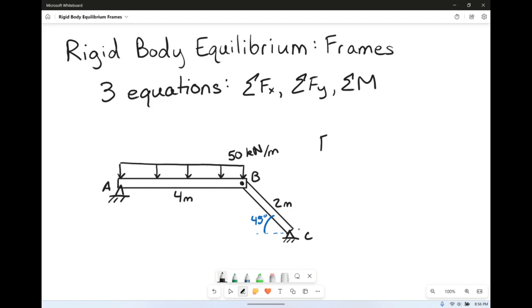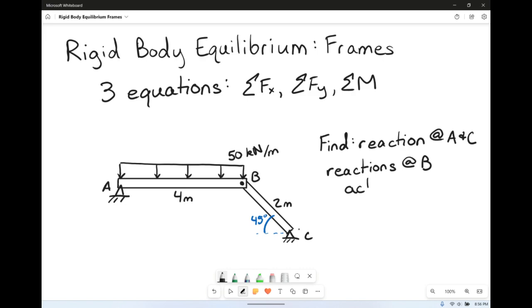So in this example, we want to find the reactions at A and C, and we also want to find reactions at B, but since B is a hinge and it could go either way, we're going to say acting on AB.